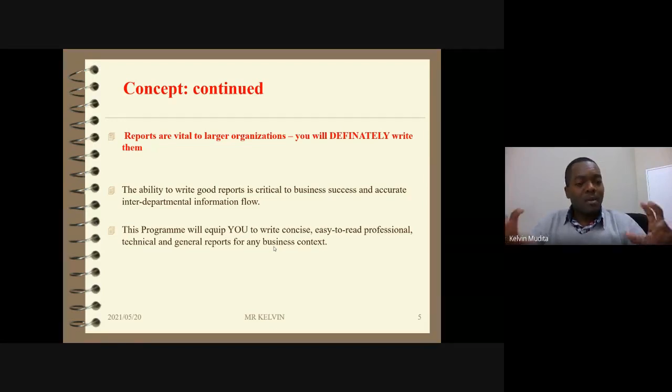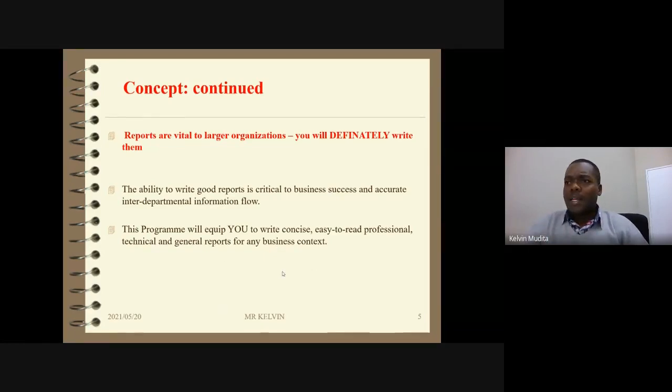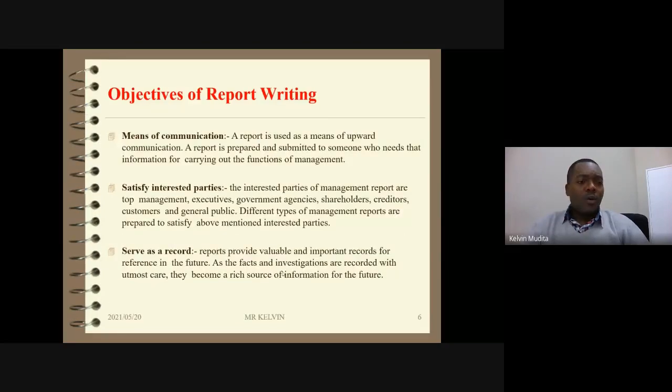The good thing about reporting is that whether you are in mining or banking or any other industry, the structure and format of the report remains the same. It's only the technical jargon that may be different, but the structure will remain the same. So that is basically what a report is. Any questions so far?